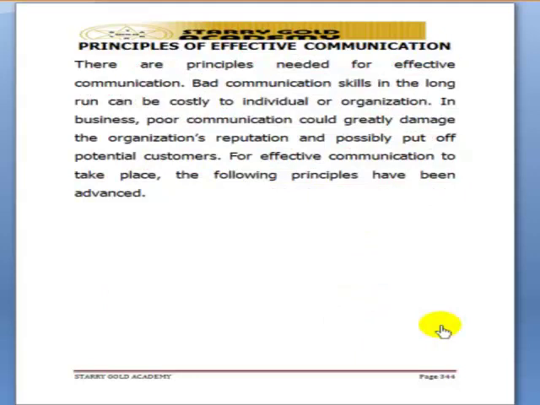Let's move on to the principles of effective communication. There are principles needed for effective communication to happen. What are the principles? What are the things that we have to observe? What are the things we have to go through? What are the things we need to put in place, or ensure, to have effective communication?